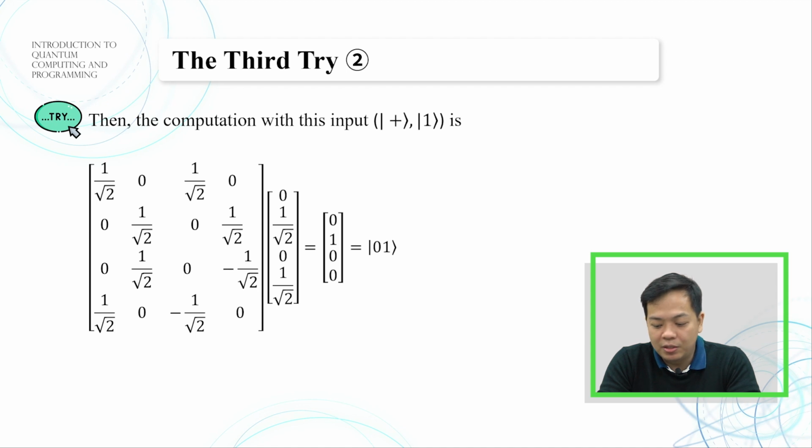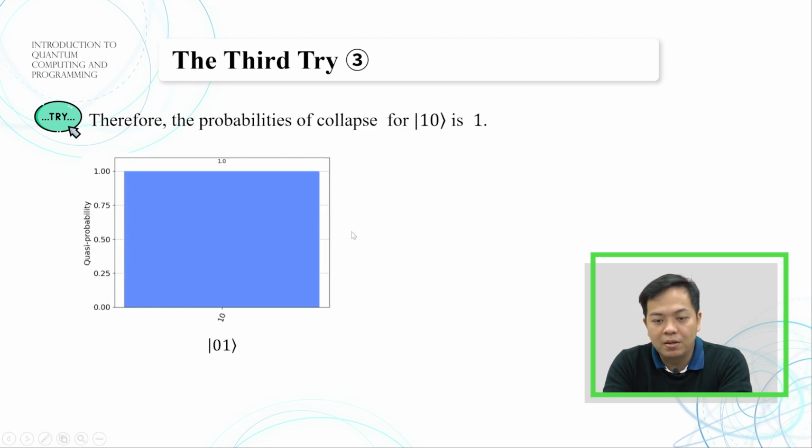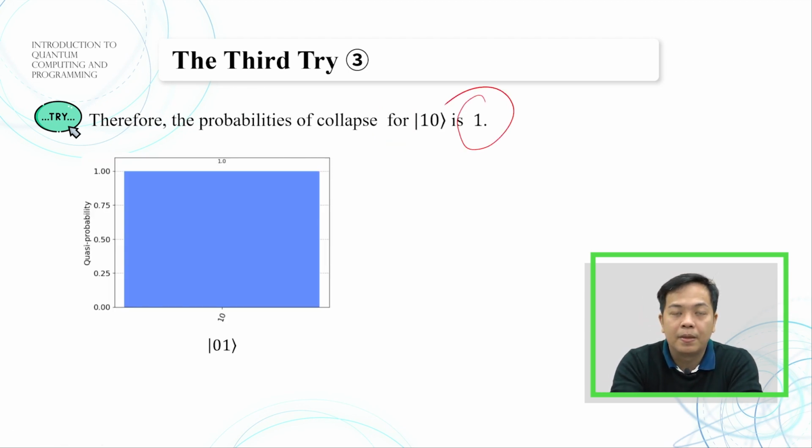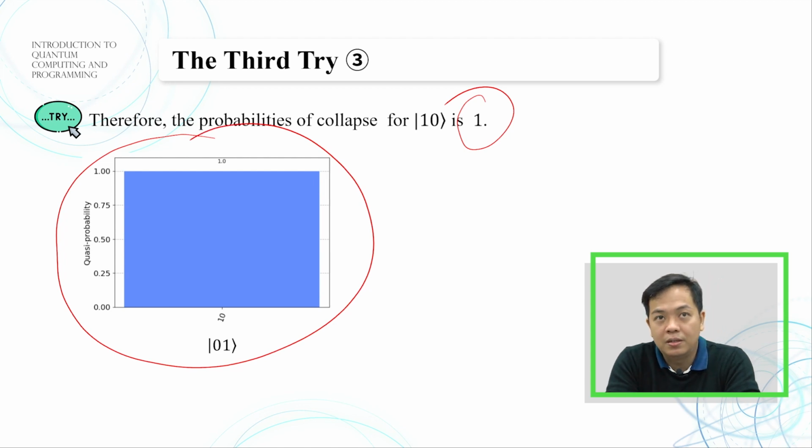Let's look at the third try. We can test with positive and with qubit 1. After we calculate the tensor product, we can see this equals the identity matrix, and it is equal to 0, 1, and the probability is 1. You will see this probability is 100.